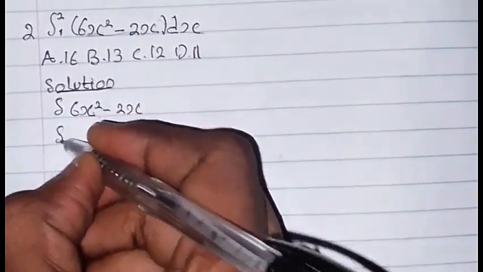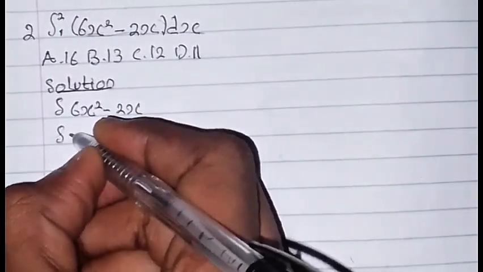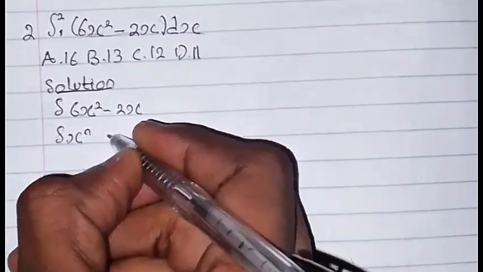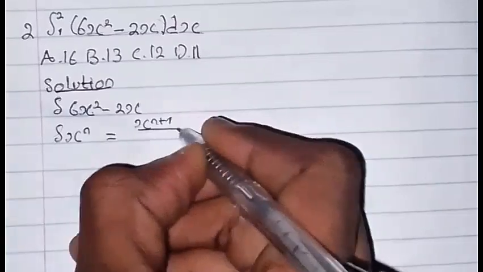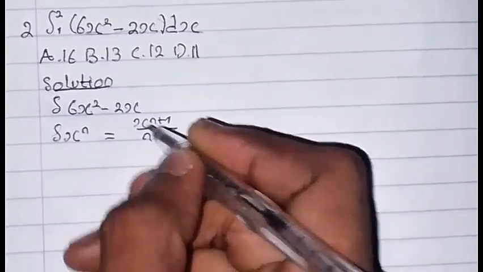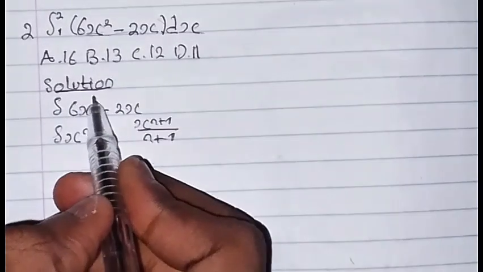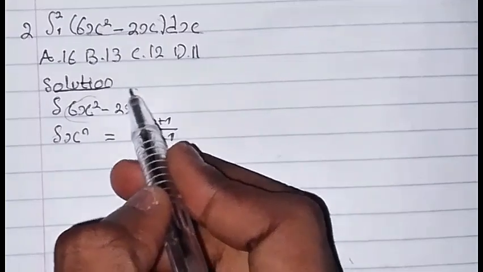Generally, to find the antiderivative of any term, the antiderivative of x to the power of n is equivalent to x to the n plus 1, all divided by n plus 1. So first we'll find the antiderivative of 6x squared, and then the antiderivative of 2x. Then we'll combine them together.